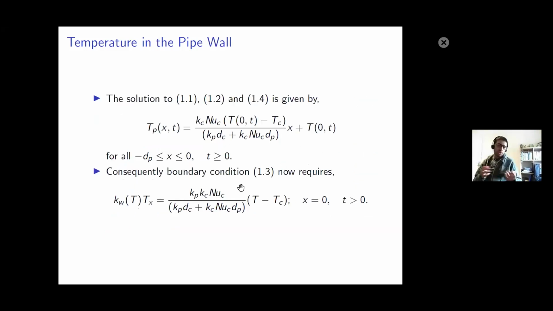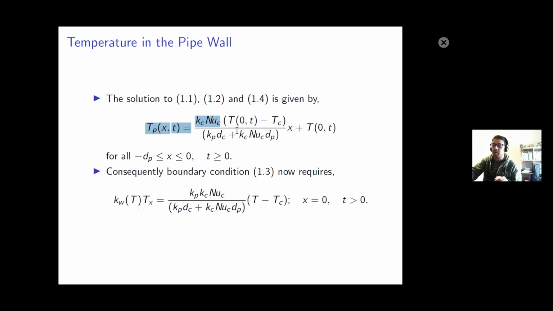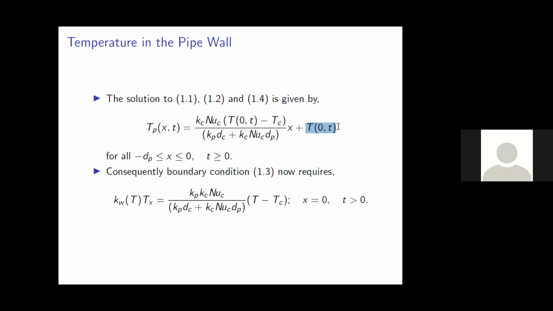So the solution to the PDE in 1.1 and the boundary conditions in 1.2 and 1.4: if we solve this boundary value problem and temporarily ignore 1.3, we get that the temperature profile in the pipe wall is equal to this particular quantity, where of course we've got an undetermined quantity, capital T here, which is the temperature of the wax at the boundary, next to the pipe wall.